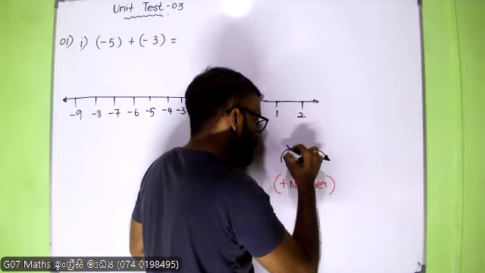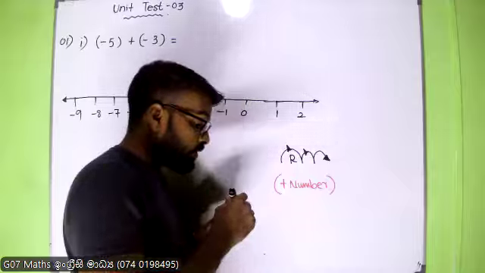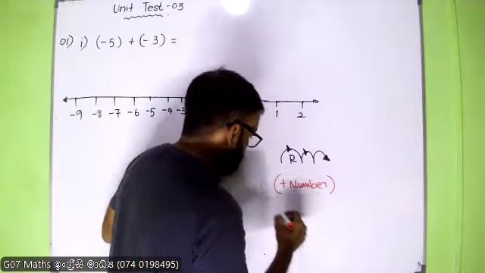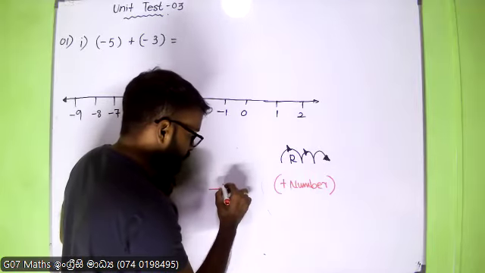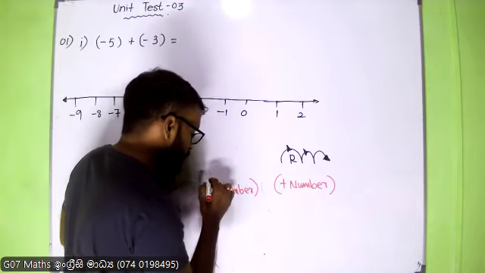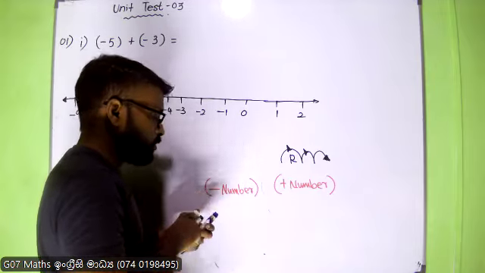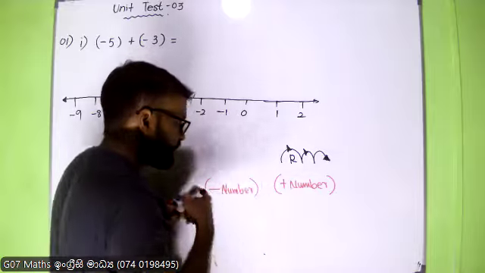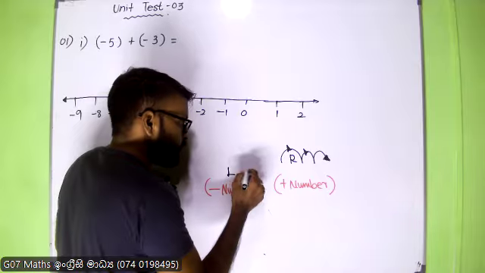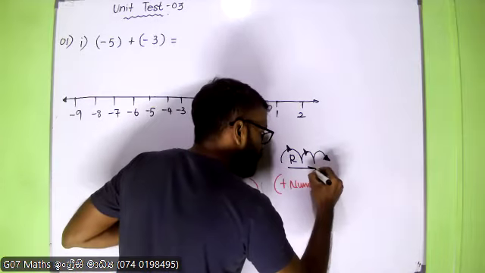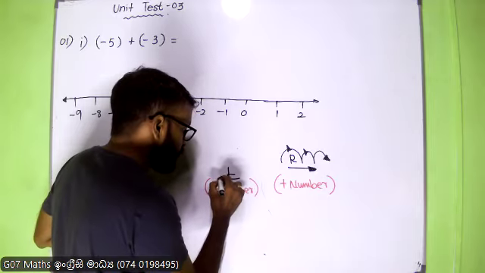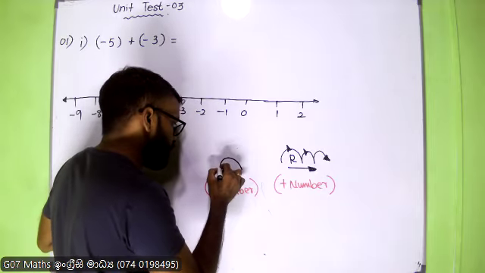If you see a negative number, something like this, you need to jump to your left. Keep this in your mind. To the right, to the left. You need to jump to your left.